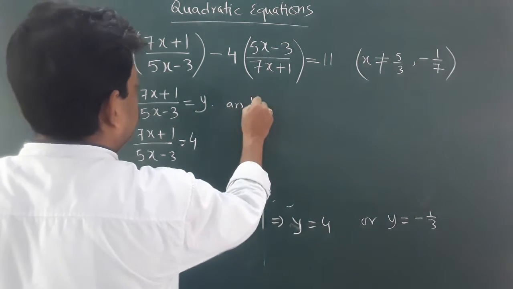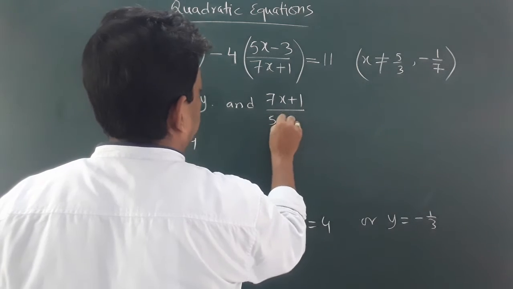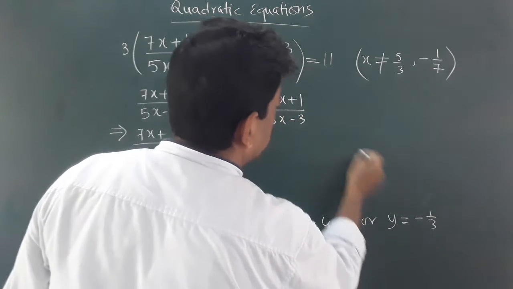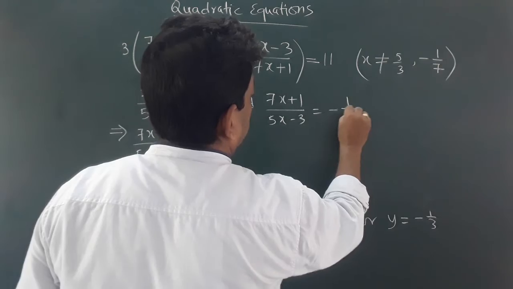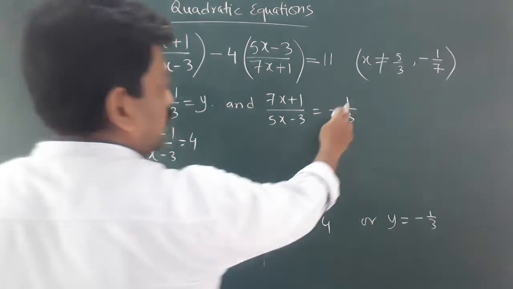And 7x plus 1 upon 5x minus 3 equals to minus 1 upon 3, because the second value of y is minus 1 upon 3.